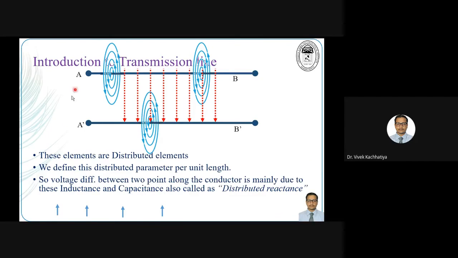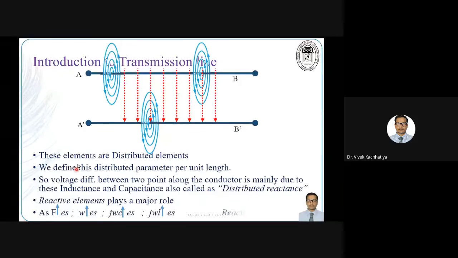First we need to understand why this voltage difference between two points occurs in this conductor AB. It occurs due to these distributed reactances, which are present throughout the conductor length. Inductance is there along the length of the conductor, and capacitance is there across the length of my transmission line. Due to these reactances, potential differences arise. This effect is significant in high frequency analysis.